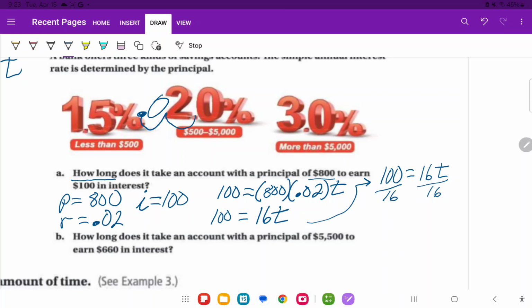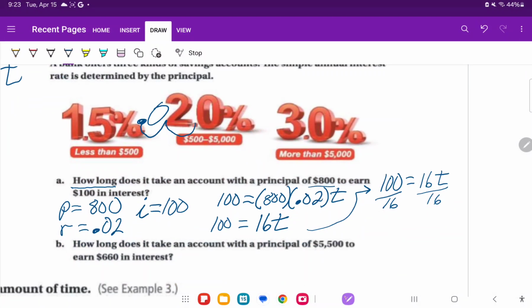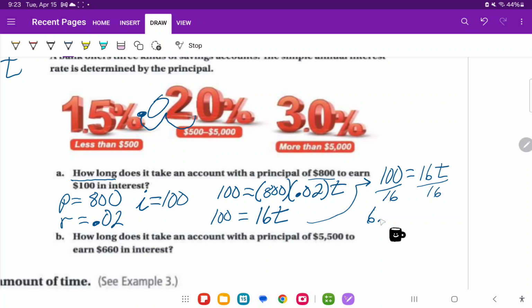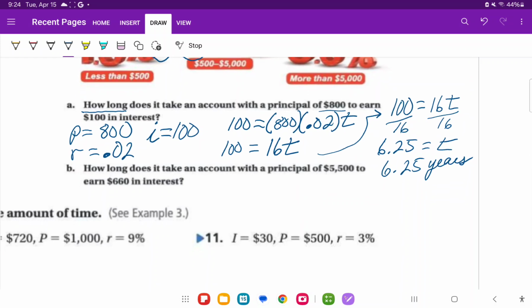So 100 divided by 16 equals 6.25, and that's time. Now, that would be 6.25 years. Okay?